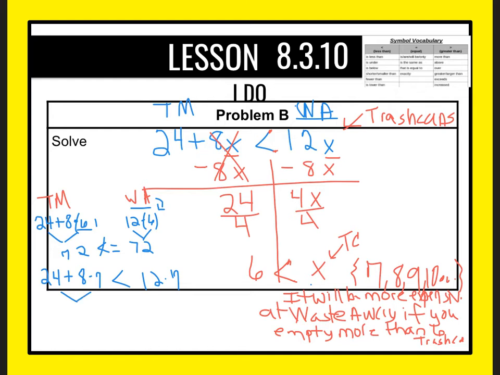When I enter 24 plus 8 times 7, I'm going to get 80 on my Desmos calculator, and 12 times 7 I know is 84. So there you go. More than 6 trash cans will ensure that Waste Away is going to be more expensive because 84 is greater than 80. That's when it'll be more expensive, okay? When we have more than 6 trash cans being emptied.